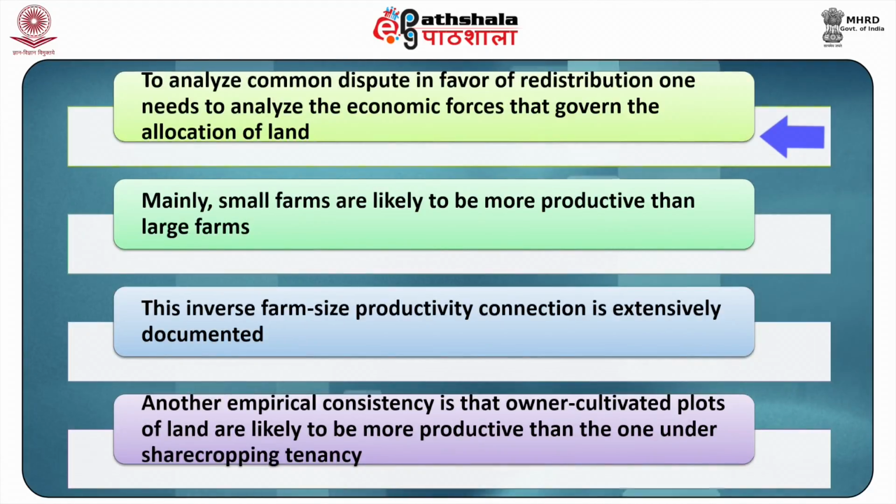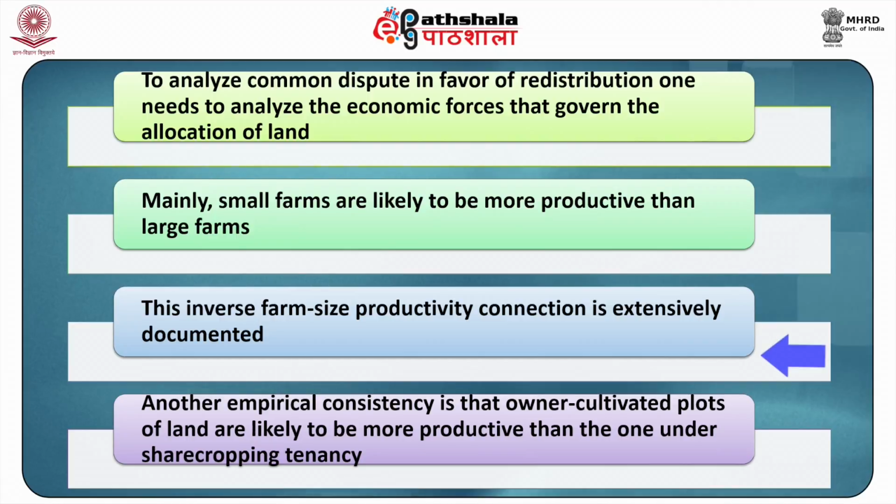To analyze the common argument in favor of redistribution, not essentially redistribution in kind, that is land, one needs to analyze the economic forces that govern the allocation of land. We begin with two empirical regularities. Mainly, small farms are likely to be more productive than large farms.